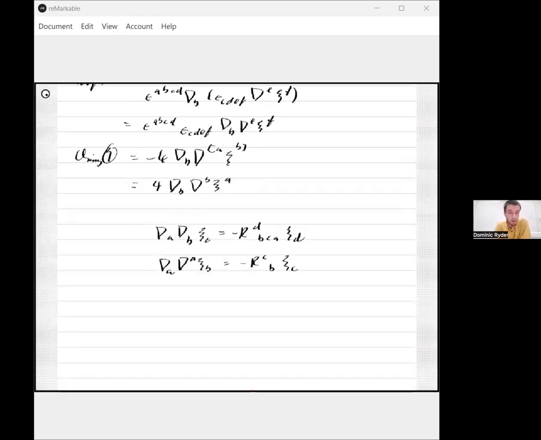Thus, using this with what we just proved, we can write down epsilon^ABCD nabla_B epsilon_CDEF nabla^E xi^F is equal to -4 R^A_B xi^B. And then just contracting with the volume form again gives you the result.